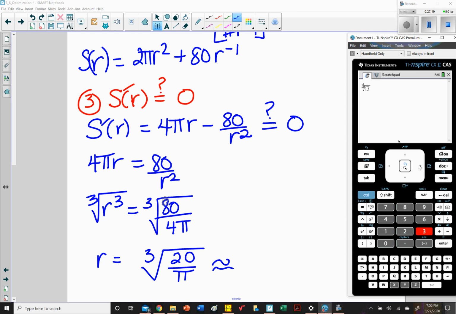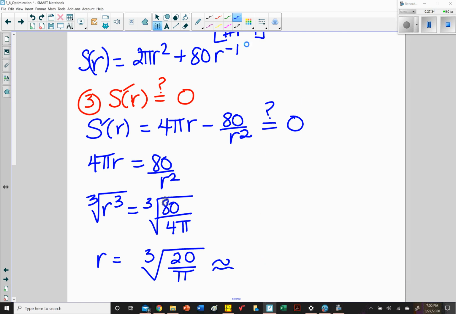Cube root of 20 divided by pi is 1.85336. So the radius is that much in inches.